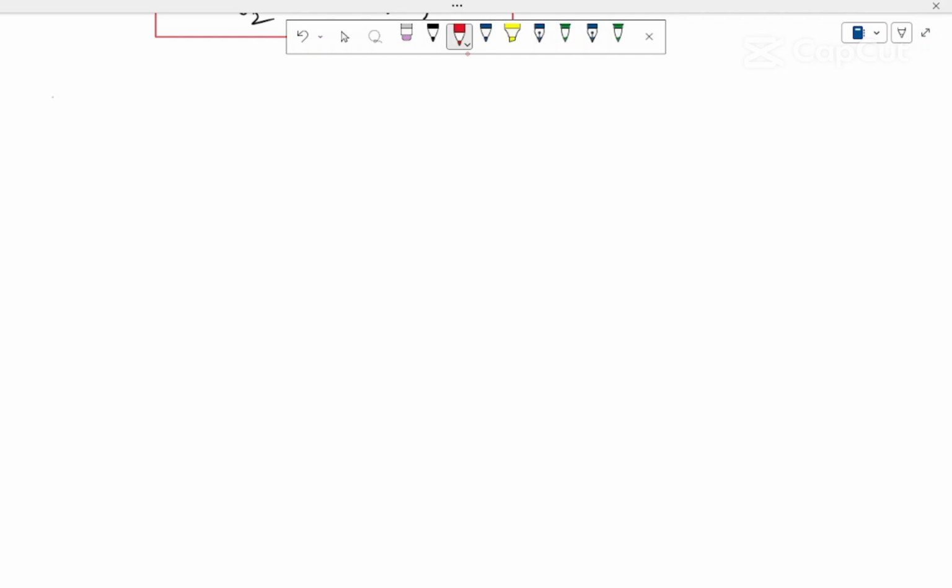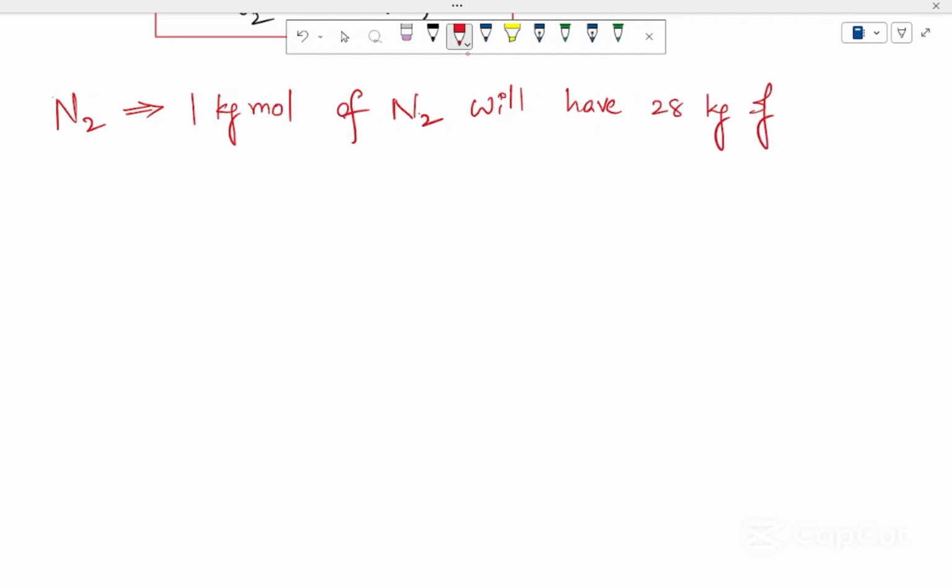Similarly, if we take nitrogen, 1 kg mole of nitrogen will have 28 kg of mass. Why? It is again based on its molecular weight.